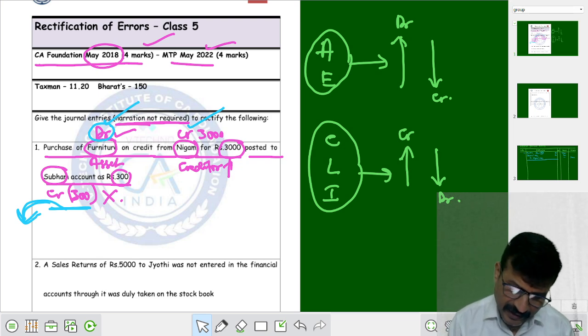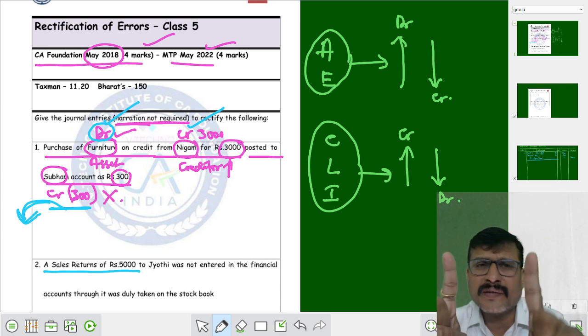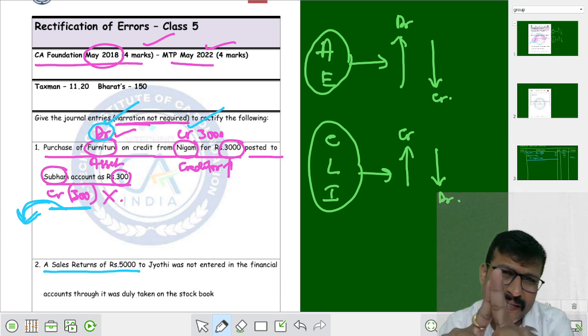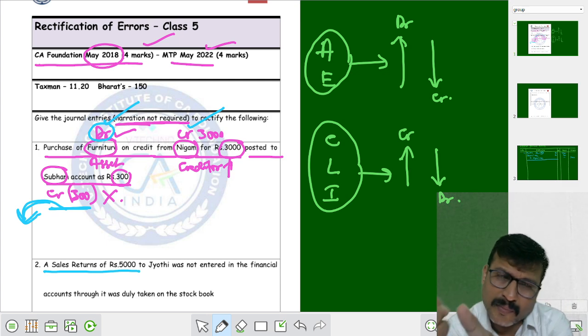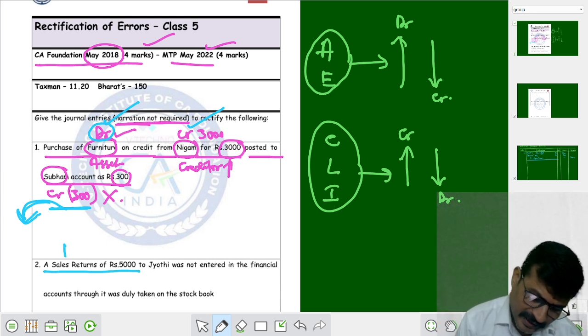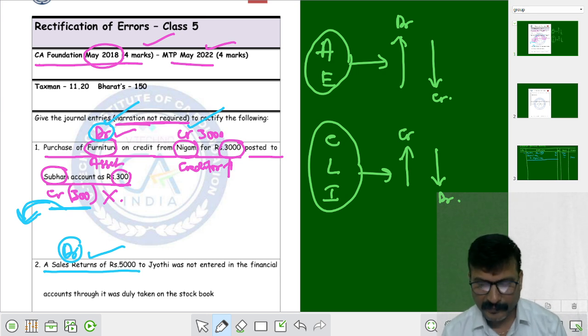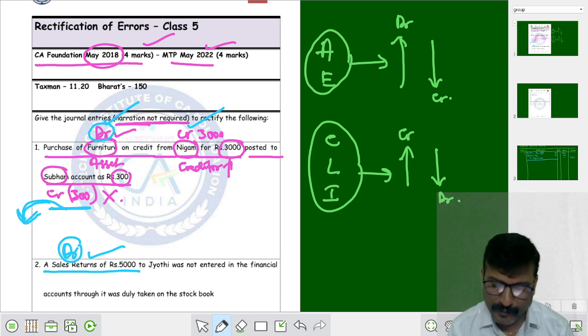A sales return of rupees 3000. What do they say? Sales returns. Sales returns is the opposite of sales. Sales is an income. Income means credit. But sales returns is the opposite. Opposite means debit. So what do we have to do for sales returns? Sales returns is to be debited. It should not be to Jyoti, it should be from Jyoti.